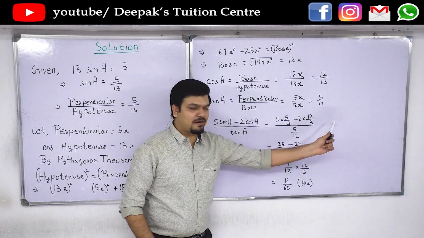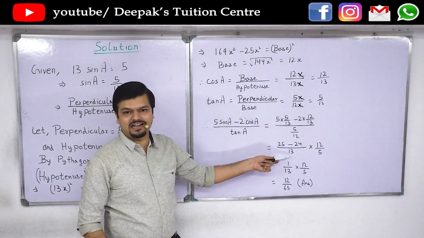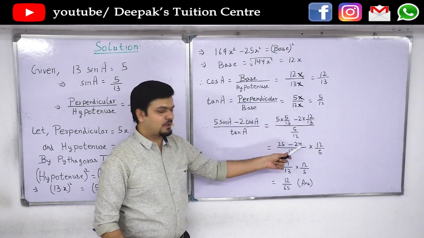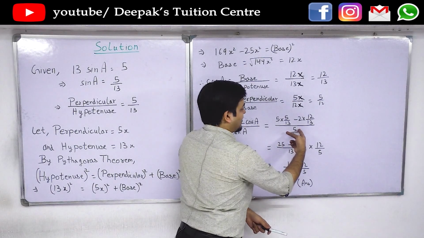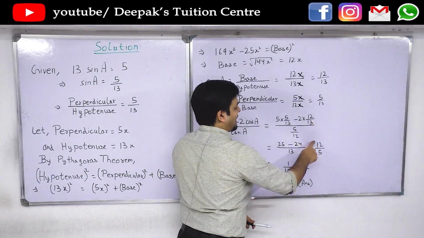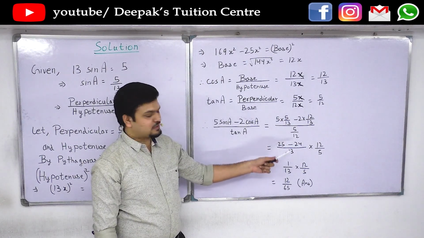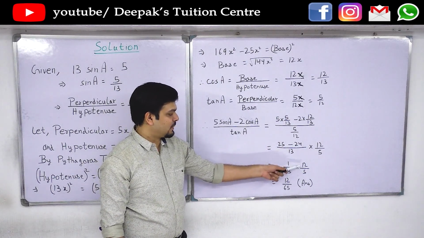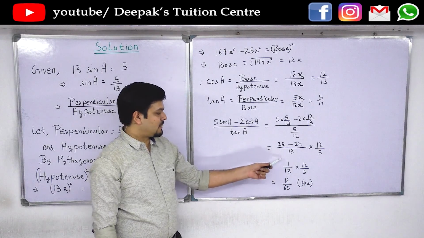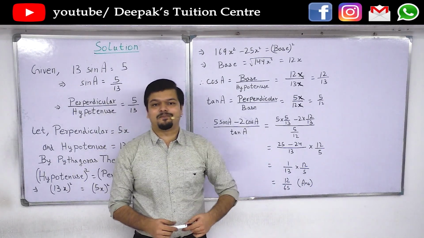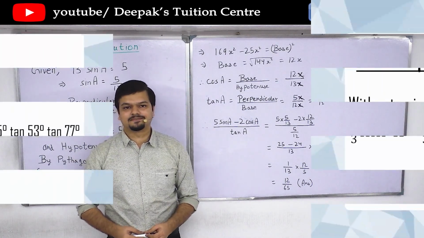Now taking the LCM in the numerator, we get 13 as the denominator: 5 into 5, 25, minus 12 into 2, 24. The denominator gets reciprocated and multiplied by 12/5. So 25 minus 24 is 1. We get 1/13 into 12/5, which is 12 over 65. So 12/65 is our answer.